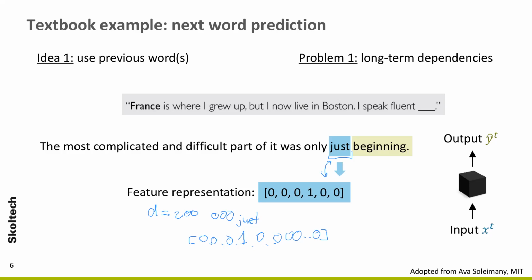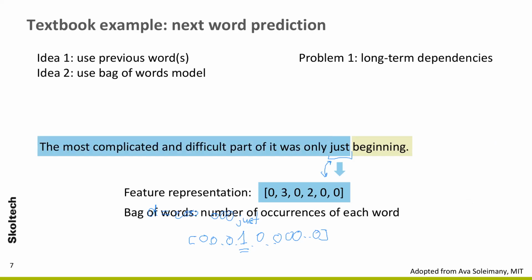The bad thing here is that right now we have a very sparse representation, a lot of zeros, hard to store, and hard to build reliable models on. So we can try to improve the representation we use to predict the output and also take into account the long-term dependencies we want to work with. So let's have a representation of a sentence as a bag of words.